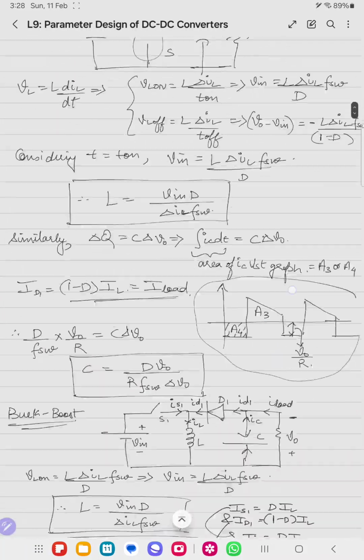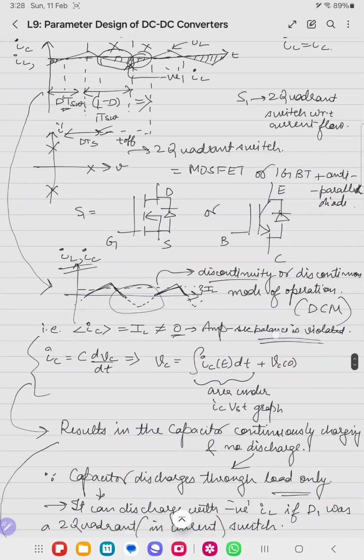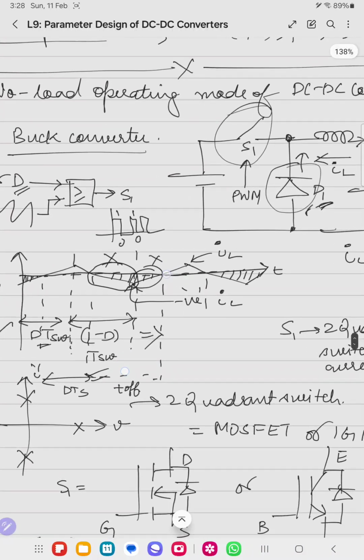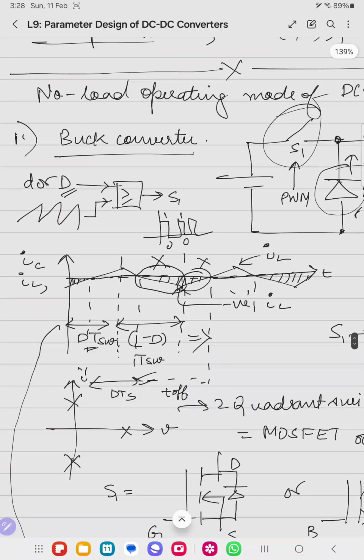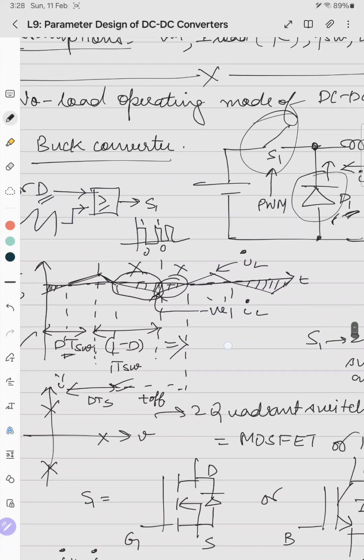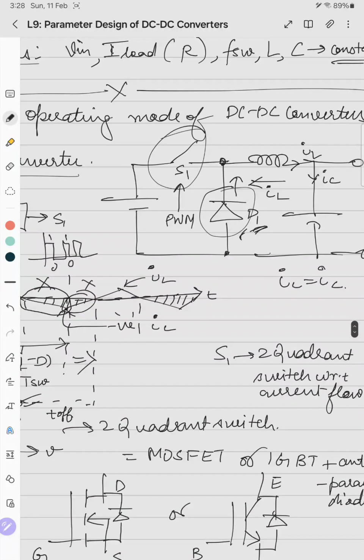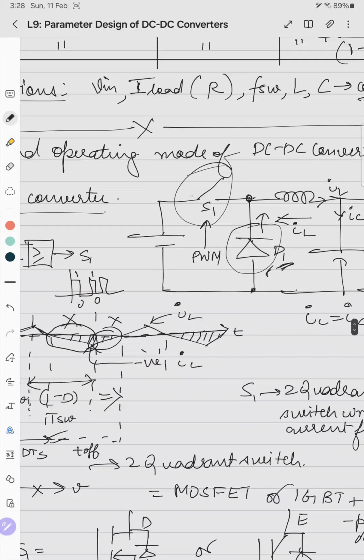Just to explain how we saw this here, we saw the no load operating mode here like this. Here we saw that positive inductor current when the switch is on is not a problem. Negative current when the switch is on is also not a problem, because the device has a freewheeling diode.